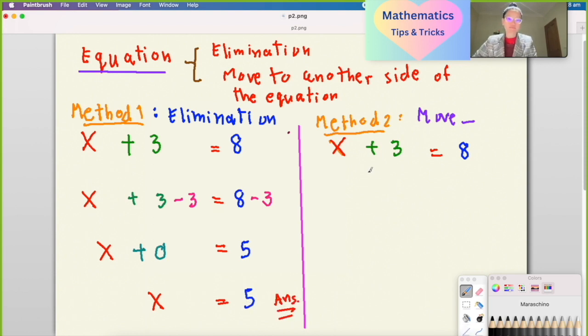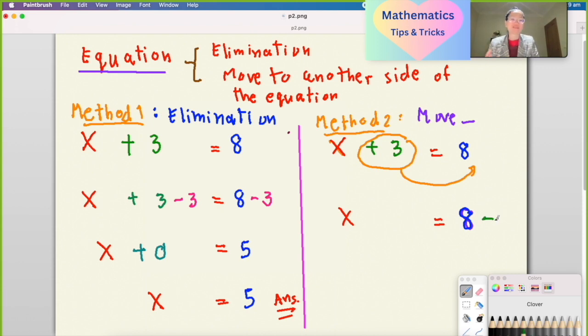Now go next: x plus 3 equals 8. We're going to use method 2, moving to the other side. From positive, when you move to the other side, it turns to be what? Negative. So it's x equals 8, or from plus 3, positive 3, move to the other side, it turns negative 3.